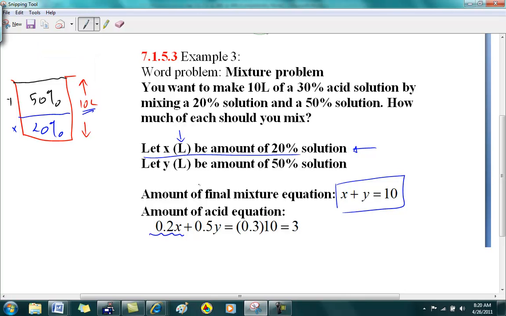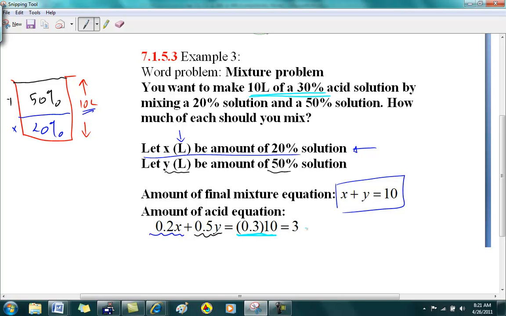The 50% solution comes from y liters of it, and therefore you get this much acid from the y liters, which is a 50% solution. The final result should be a 30% solution. Okay, so out of the 10 liters, 30% of it is acid, so there's that part there. Okay. 30% is 0.3 of 10 liters is 3.